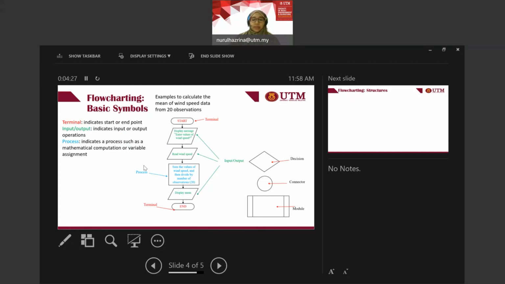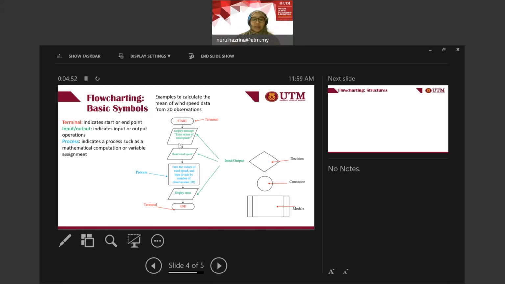This diagram shows an example of a flowchart for calculating the mean of wind speed data from 20 observations. It begins with the start terminal. Then the program displays a message, enter values of wind speed, which is an output.